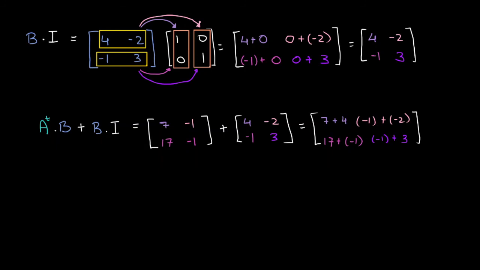Final answer will be A transpose times matrix B plus B times the identity matrix I is equal to, that's our final answer, 7 plus 4 we know is 11, minus 1 plus minus 2 we know is minus 3, 17 plus minus 1 is 16, and minus 1 plus 3 will give me 2.